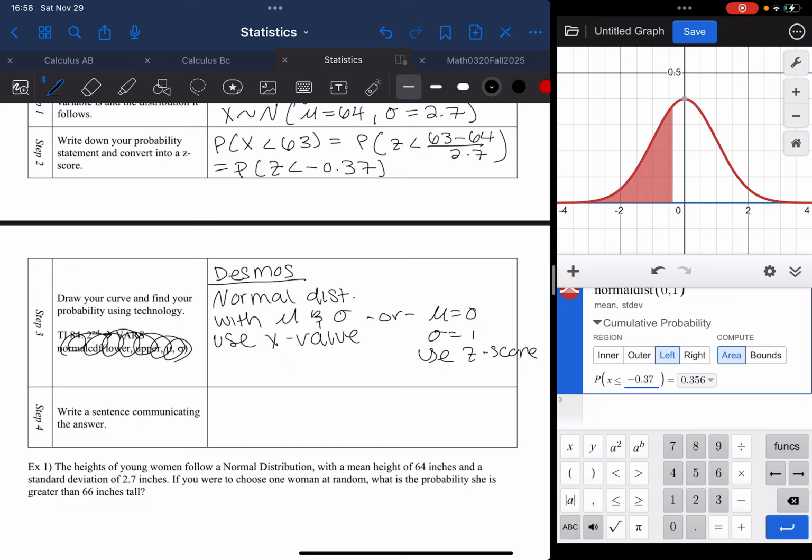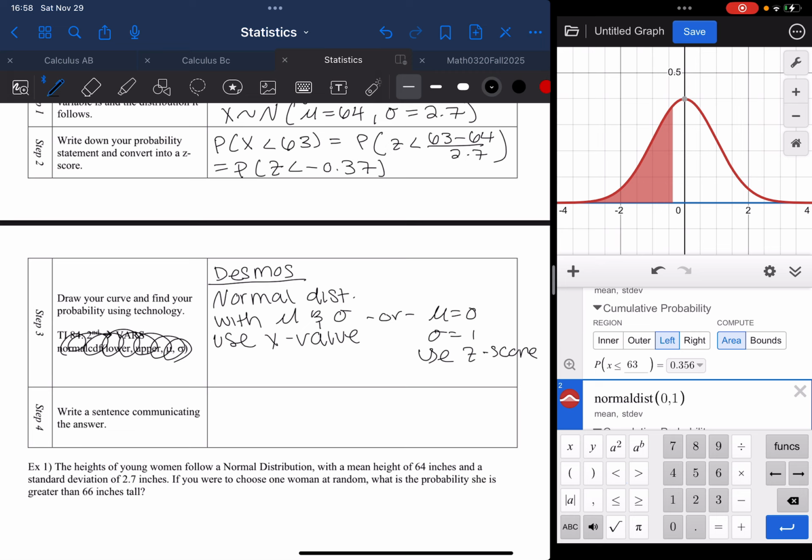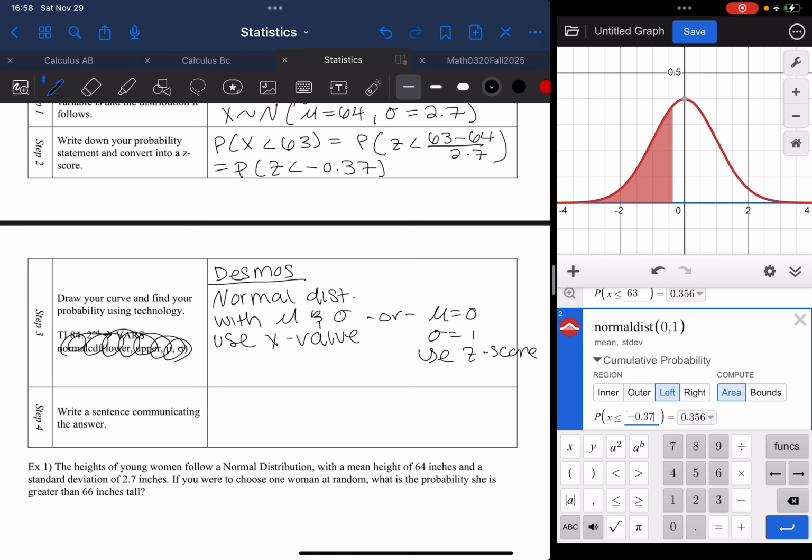And then notice how I get the same answer, 0.356, and if I scroll up, 0.356. Okay, so it doesn't matter which one you choose to do, it just matters that you don't mix up the two ways. So that's what's nice about Desmos, is that we don't have to convert things to the z-score if we're given mu and sigma.